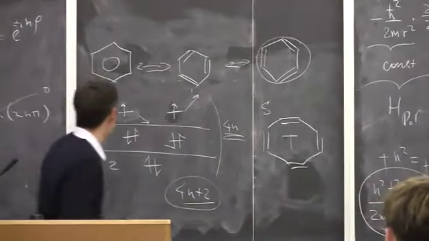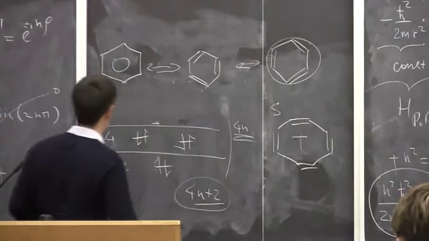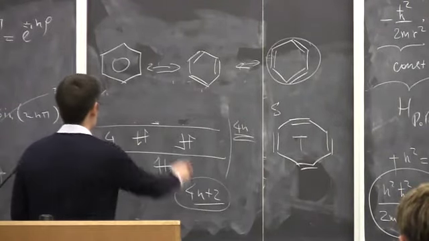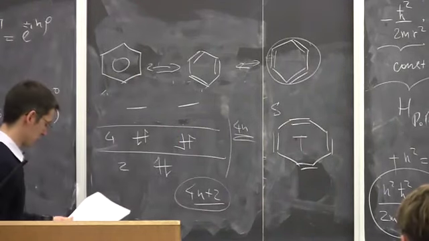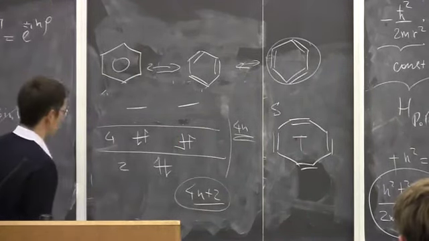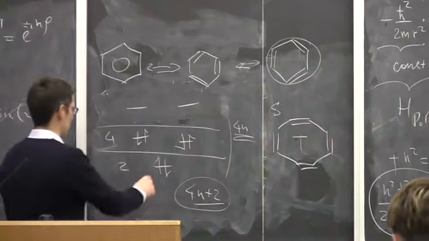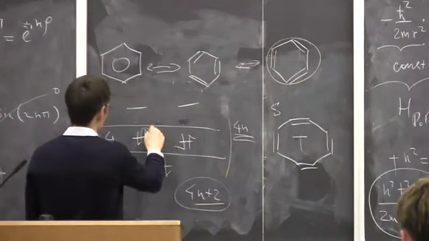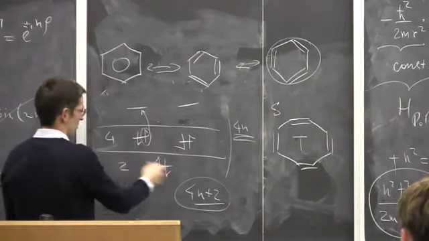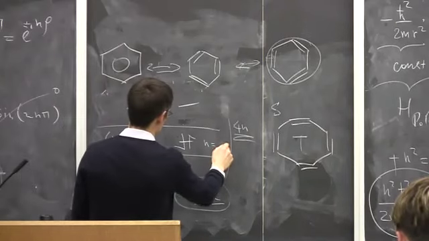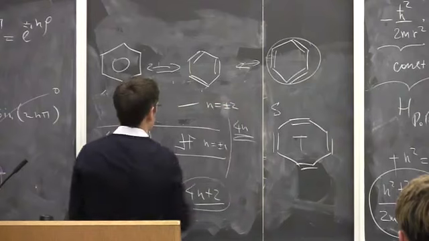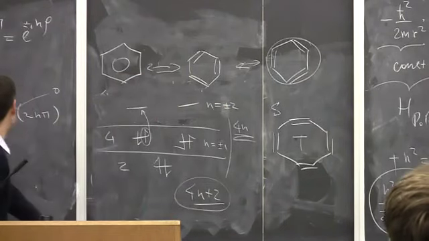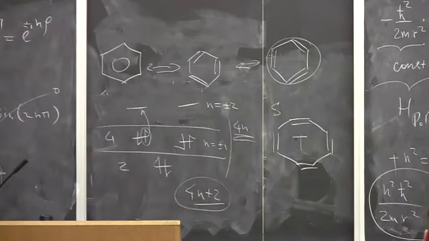So in benzene, we have an empty third layer, and if someone asks what's the lowest excitation of benzene, that would be going from here, going there. So n equals plus minus 1 goes to n equals plus minus 2, right? So that's the excitation.